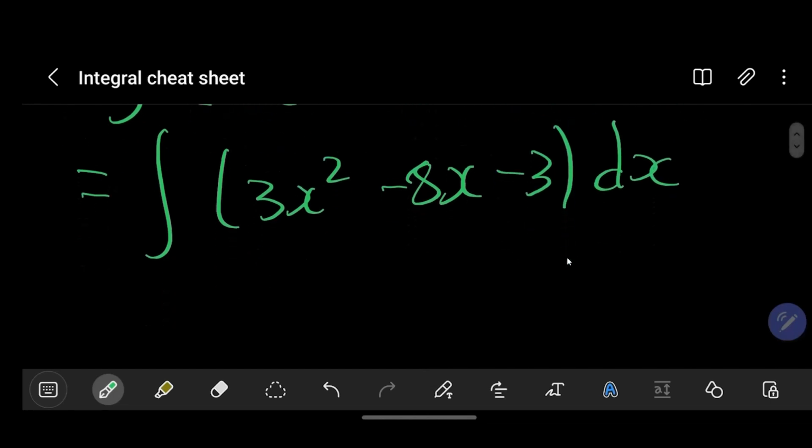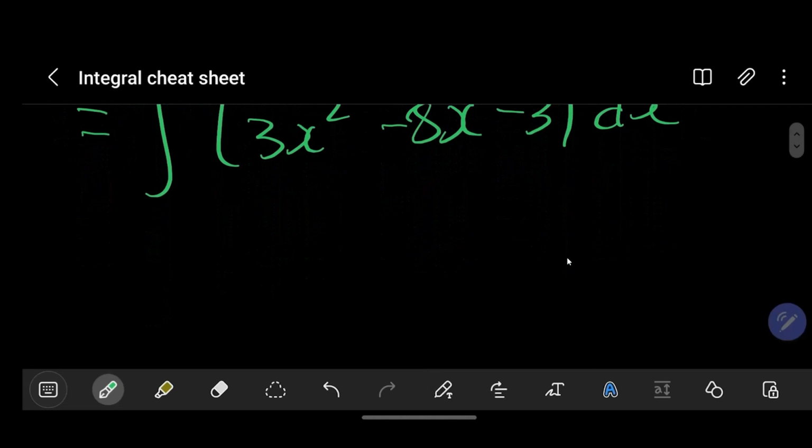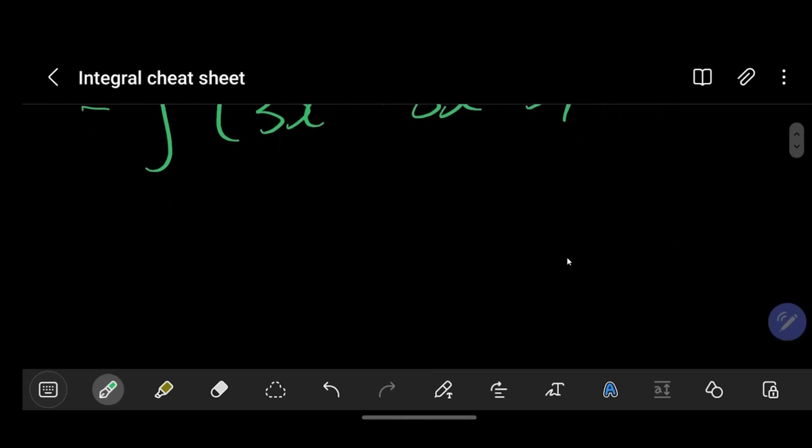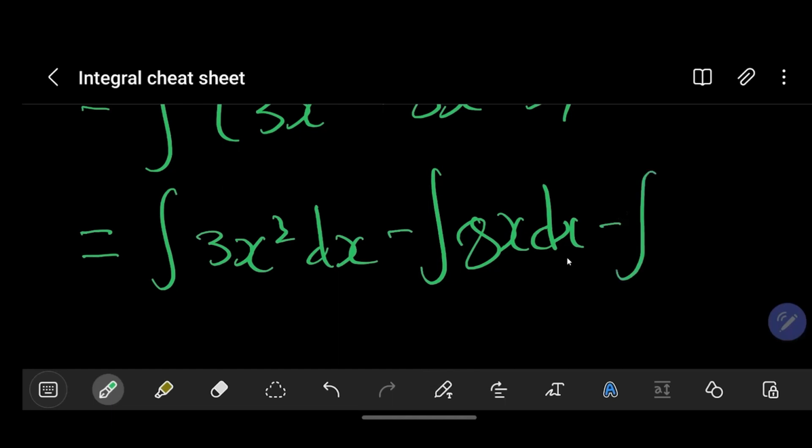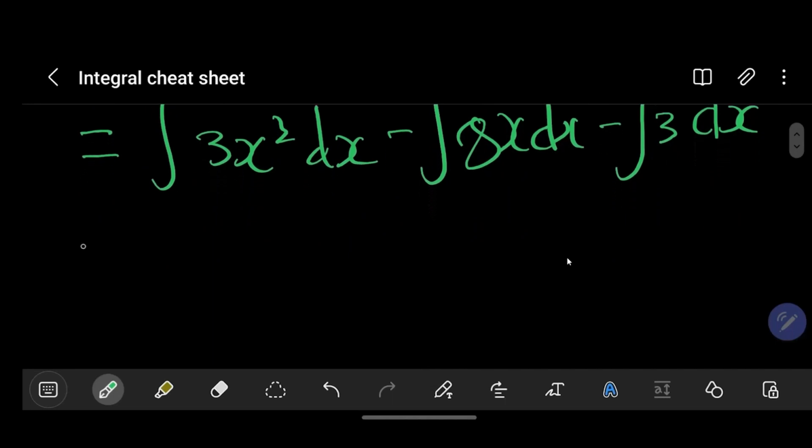So now we have a polynomial, so we can use the sum and difference rule, and that's basically just equal to the integral of 3x squared dx minus the integral of 8x dx minus the integral of 3 dx. Now if we solve this, we know this is the power rule, this is the power rule, and that's the constant rule.